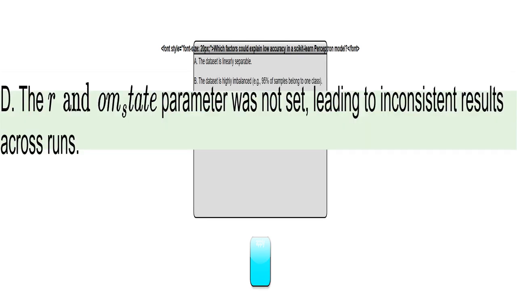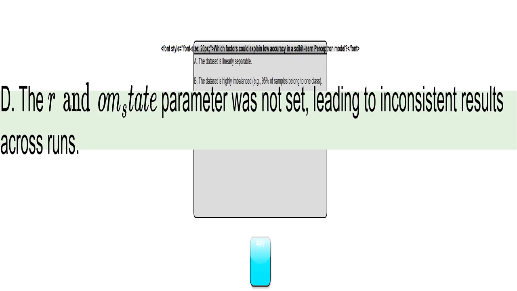Okay, so the (random_state) parameter in Sklearn is used to control the starting point, initial weights, of the Perceptron algorithm. Think of it like shuffling a deck of cards before a card game. Each time you shuffle, you get a different starting order.